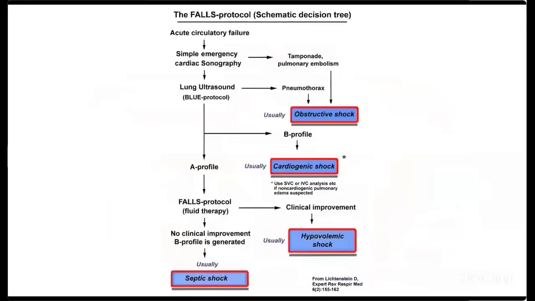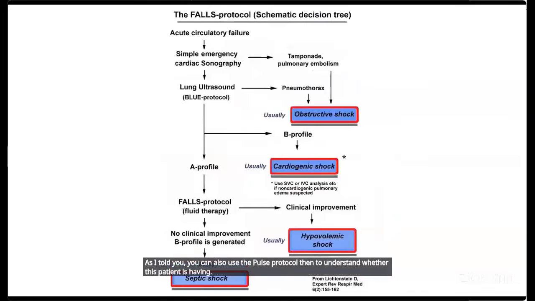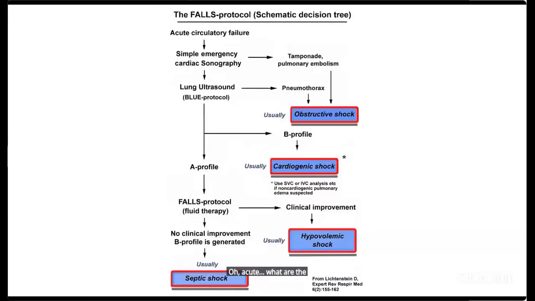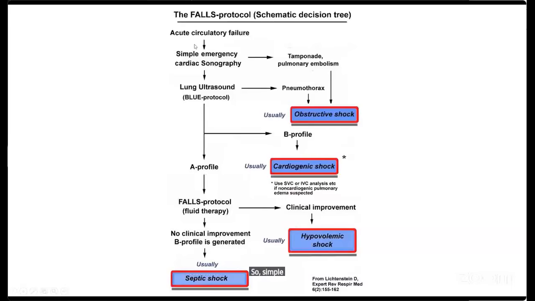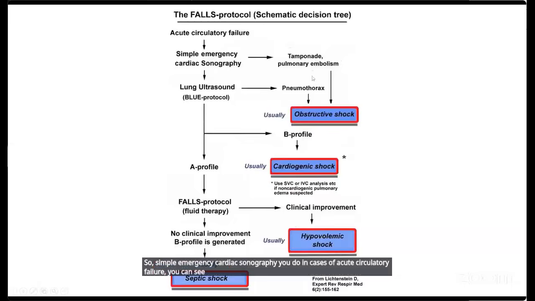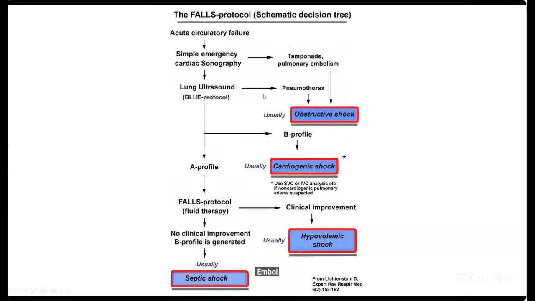As I told you, you can also use the FALLS protocol to understand what the causes of acute circulatory failure are in this patient. So FALLS with BLUE, if you combine, you can totally assess. With simple emergency cardiac sonography in cases of acute circulatory failure, you can see whether there is a tamponade or embolism present. On the BLUE protocol, you will see whether there is a pneumothorax present.